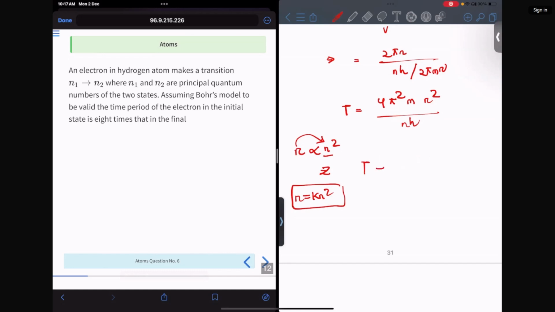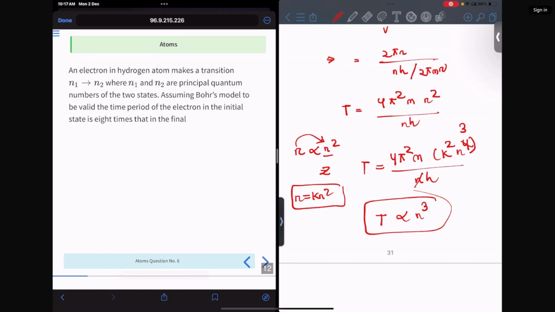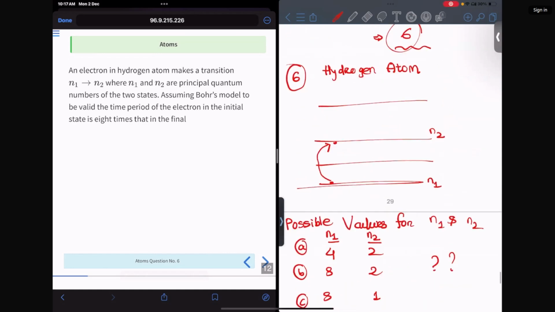So time period will be equal to 4 pi square m into k square n to the power 4 upon nh. So time period will be proportional to n to the power 3.